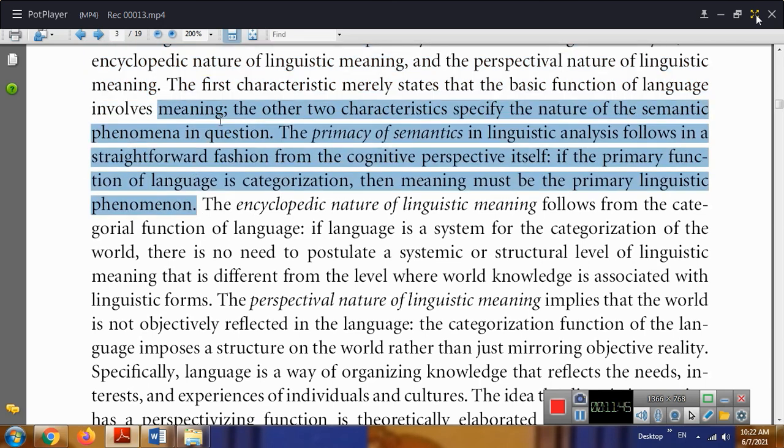Okay, because one of the functions of cognitive linguistics, as I told you, was categorization, and therefore for categorizing, meaning is important and we should consider meaning. And because categorization is the primary function of language and even of cognitive linguistics, then meaning must be a primary linguistic phenomenon.